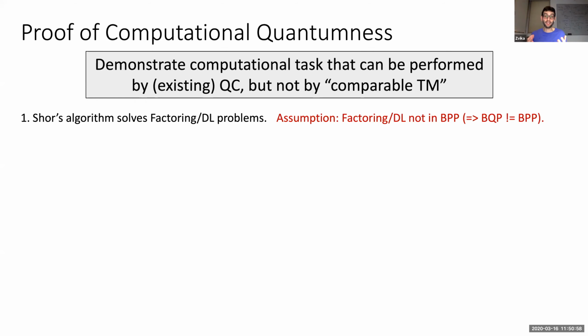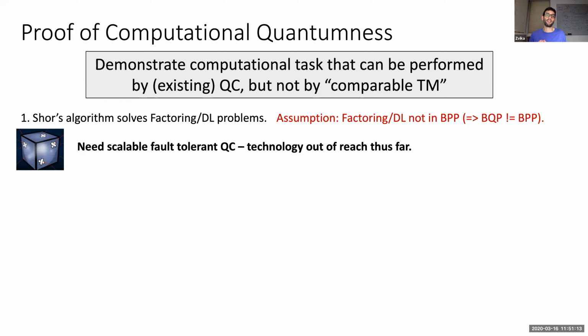So under the complexity assumption that the factoring or discrete log problem is not in BPP, not computable in polynomial time, if we can implement Shor's algorithm, then we can get proof of computational quantumness. The problem here, of course, is that actually running this algorithm requires a scalable quantum computer, which is currently out of reach technologically.